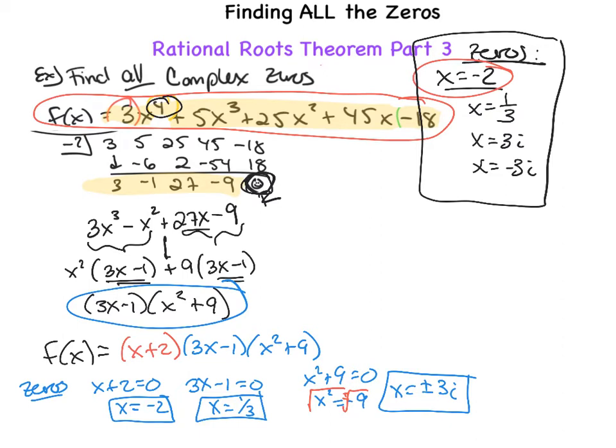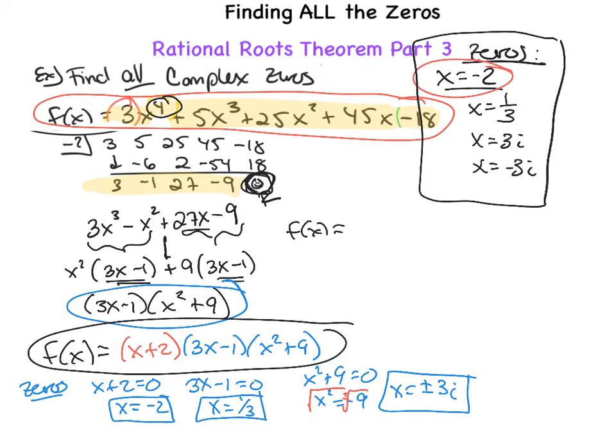So here's a really powerful thing that we can use this for. We've found all of our zeros, which is really helpful. We can also, like in the previous video, factor. So here's how we can factor f of x yet again. Instead of factoring it like you might have here, we can factor it like this. x minus 2, x minus 1/3, x minus 3i, and x plus 3i.